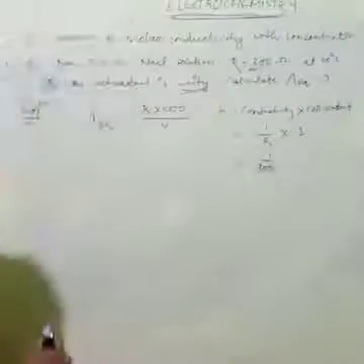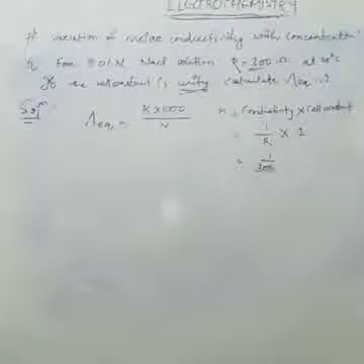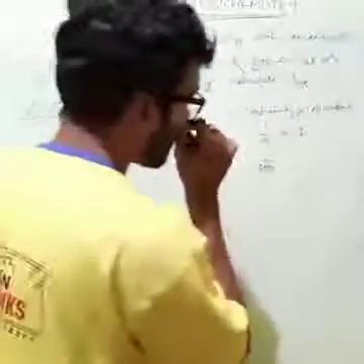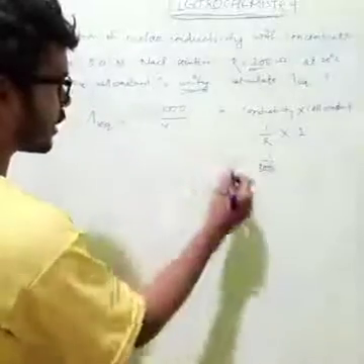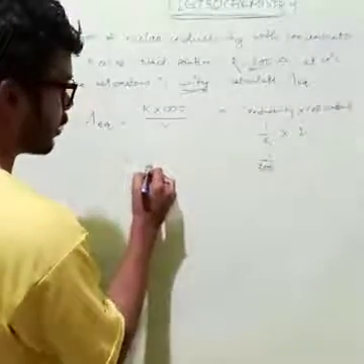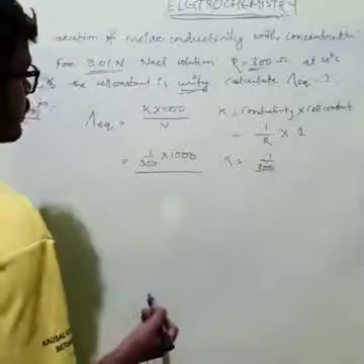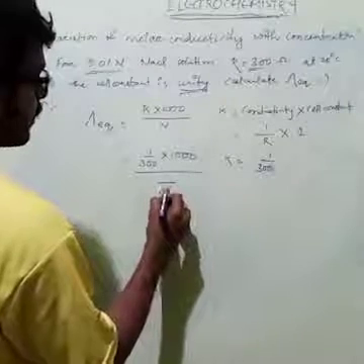So in place of kappa you will write 1 by 300 into 1000, and N is 1 by 100.